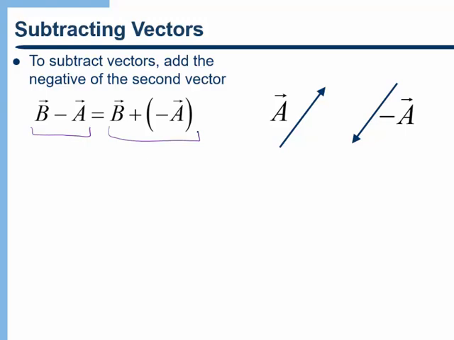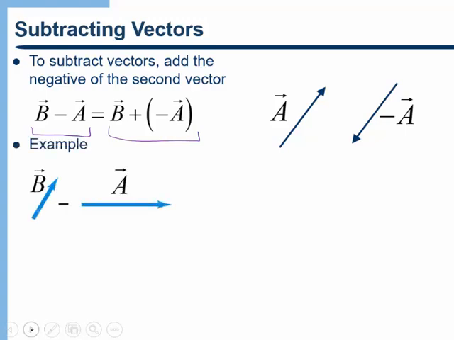All right, let's look at an example. So I want to take vector b and subtract vector a. The first thing I have to do is figure out what is negative a. Well, if a is to the right, then negative a would be a vector pointing to the left with the same length. And now I'm just going to do my standard addition. So I draw the first vector.